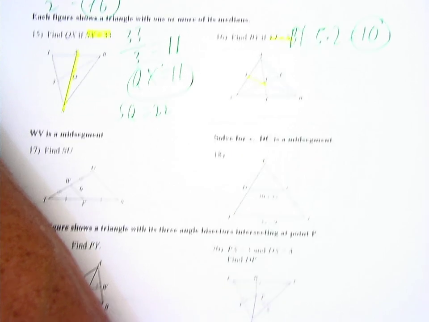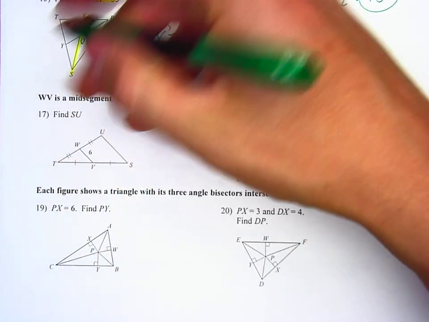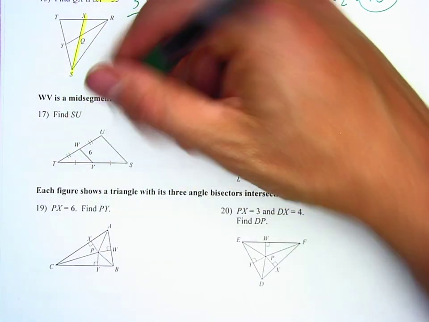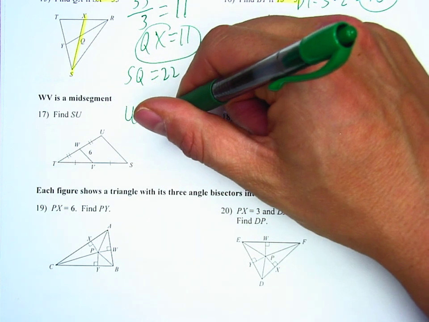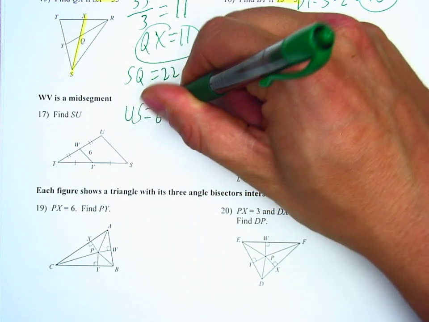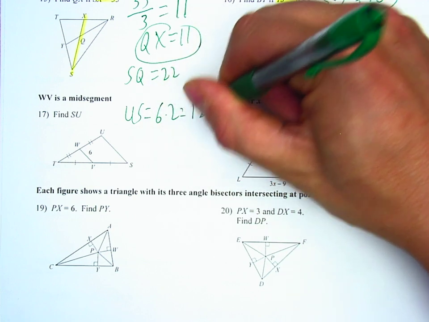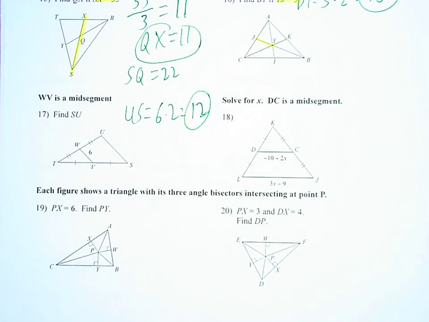All right, underneath here, I have the mid-segment. Mid-segment means cuts in half. So if this is 6, SU should be double. For US, I put it as US, should be double to 6, 12. And the same thing applies on the next one, except you have to do an equation setup now.